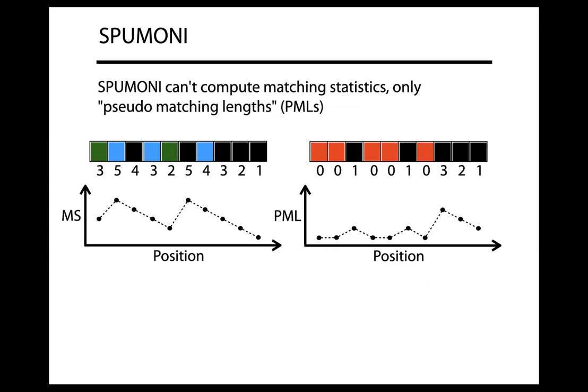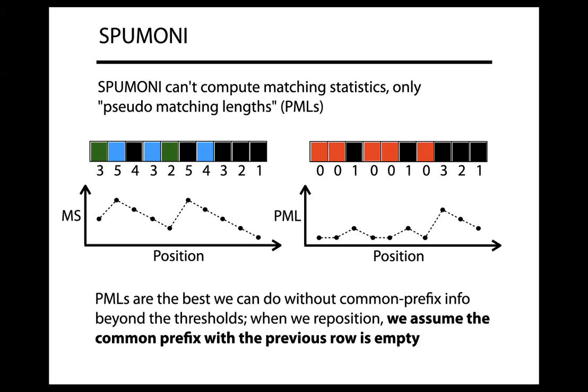And what we get in return is we get to completely jettison that second loop. We can do matching statistics, not really. We can do pseudo-matching lengths in an online fashion, okay? You can think of what these pseudo-matching lengths are as being basically the best we can do to get something like matching statistics, but without full information about the common prefixes that we were just doing by eye when we were looking at this slide before.